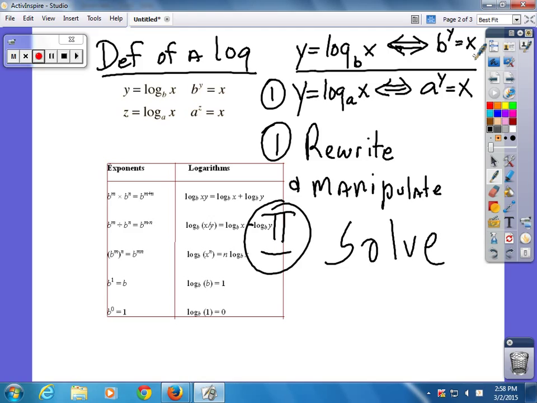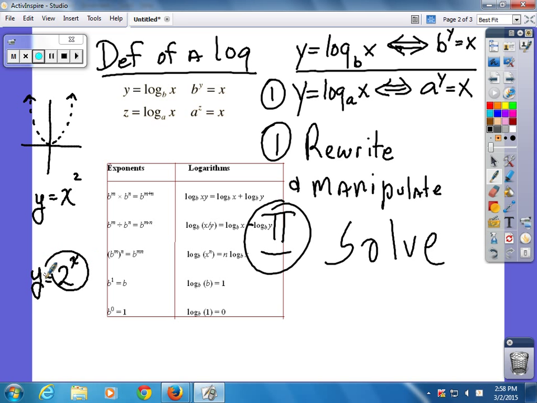When you graph y is equal to x squared, you got a parabola and it looks something like that. And everybody knows what that looks like. But when you graph y is equal to 2 to the x, what kind of graph are you going to have? Well, you're going to have a graph that's going to be growing what?